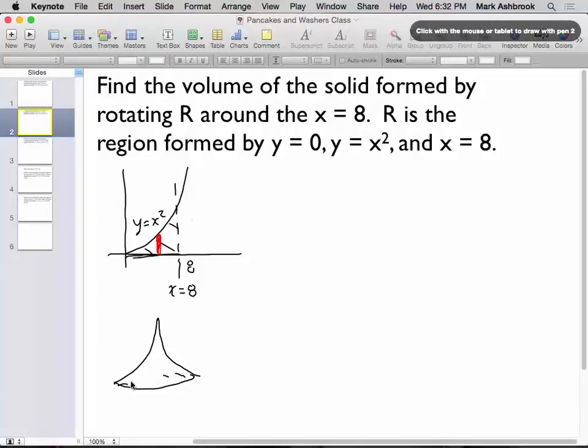So this is the solid we're going to get. So what kind of element, if I start with a vertical strip here in the region and rotate that around x equals 8, what kind of thing will I get?